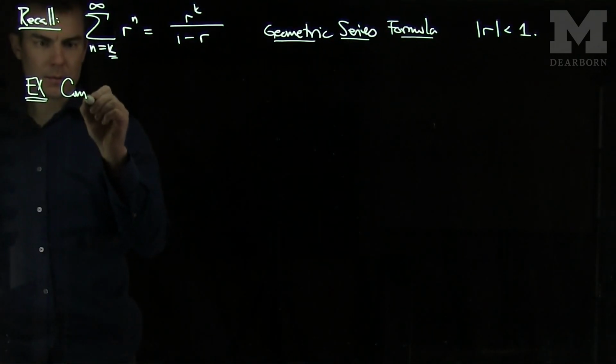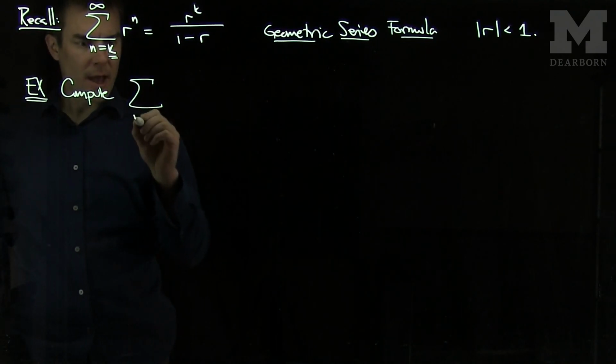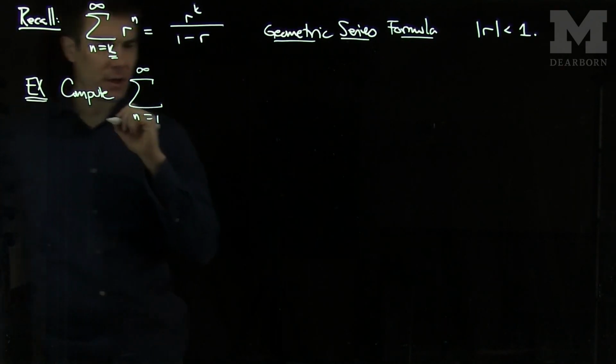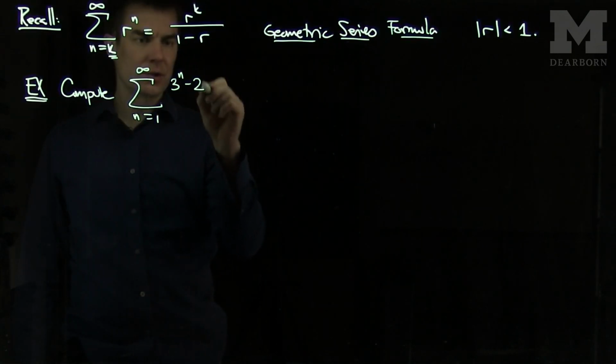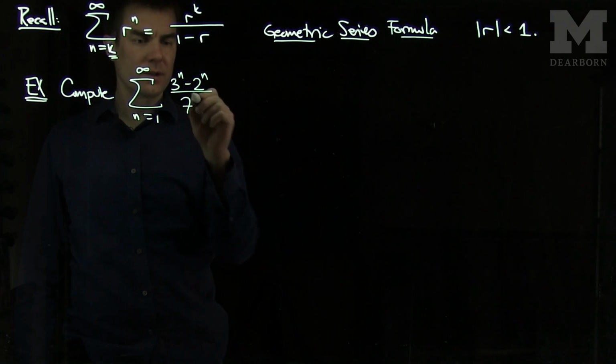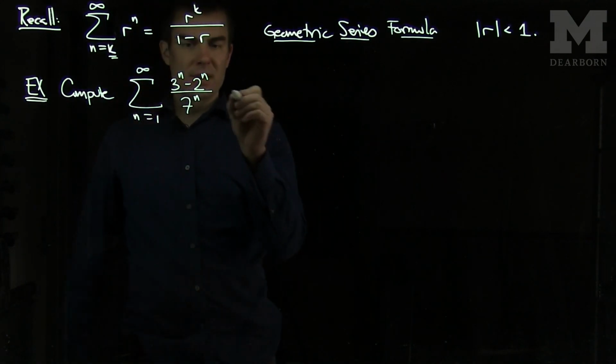Let's compute the sum, n goes from 1 to infinity of 3 to the n minus 2 to the n over 7 to the n. What we can do is break up this sum into two parts.